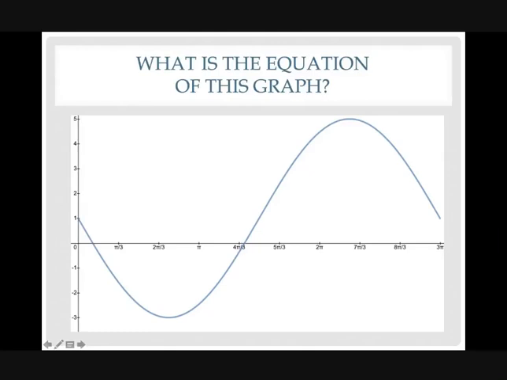Well, the frequency is 2 pi divided by the period. Notice that the period is 3 pi. So 2 pi divided by 3 pi is 2/3. So our full equation here would be y is equal to negative 4 sine 2/3 x plus 1.